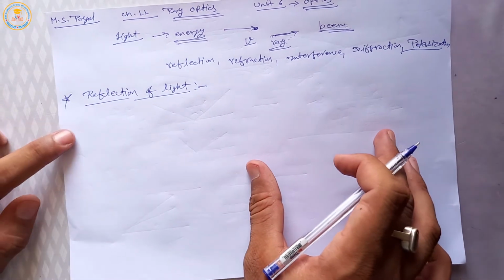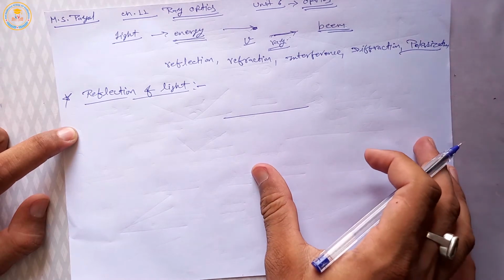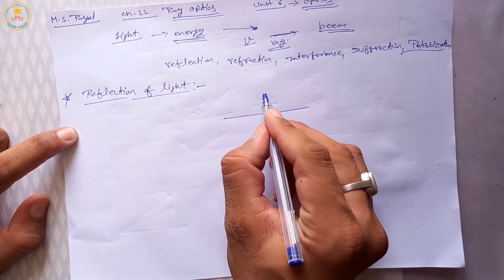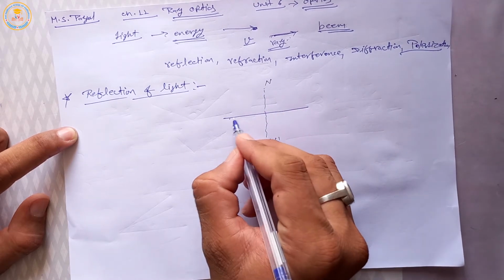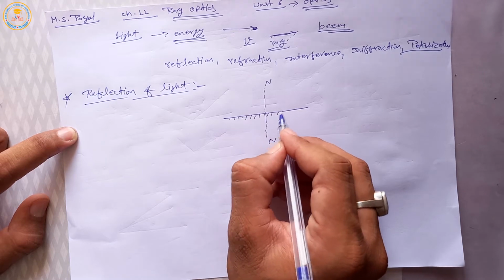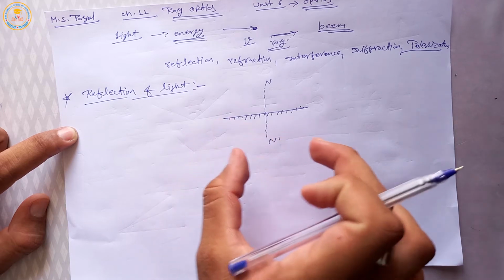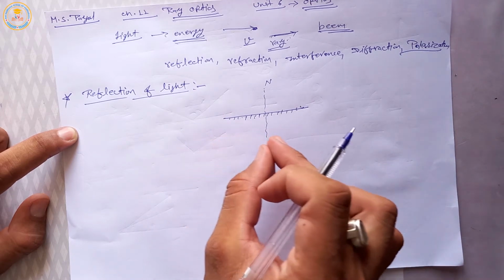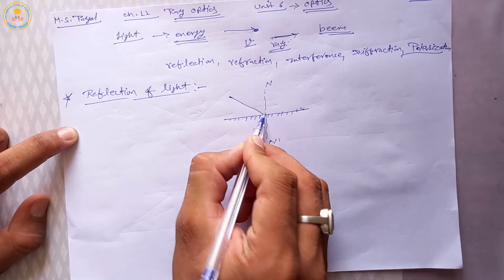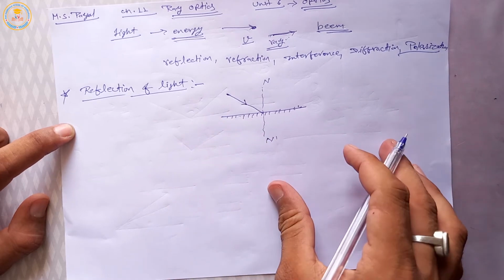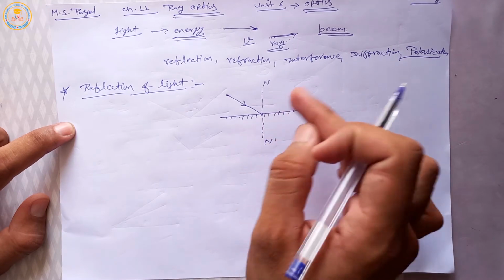What is reflection of light? Suppose this is a plane surface, and this is a normal. When a ray of light traveling in one medium falls on the surface of a second medium, suppose this is a ray of light incident on this surface, then this ray of light returns back to the same medium, the first medium.